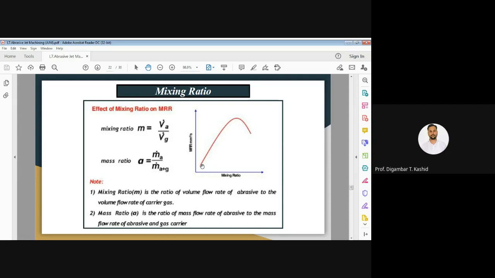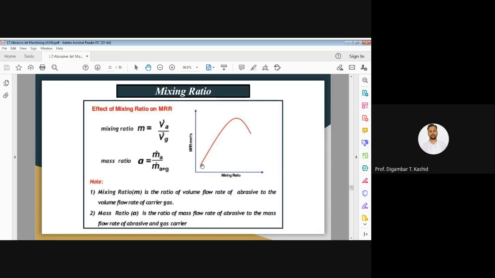Okay, but before that red point, there will be a pressure which is less than your critical pressure. Okay, so less than critical pressure means there will be no material removal.